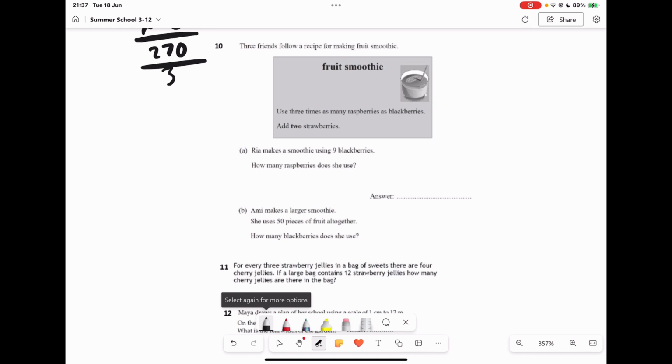We know 3 times as many raspberries as blackberries, so the scale of raspberries to blackberries will be 3 to 1. So 9 blackberries multiplied by 3 is 27.